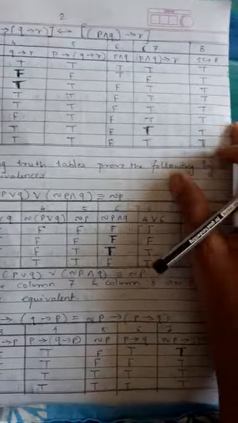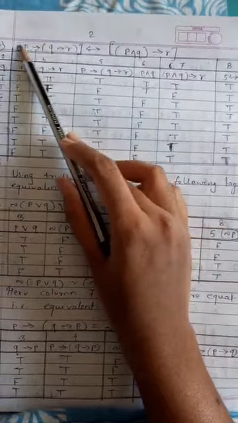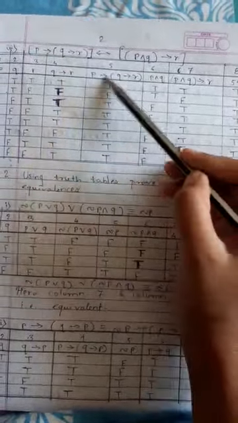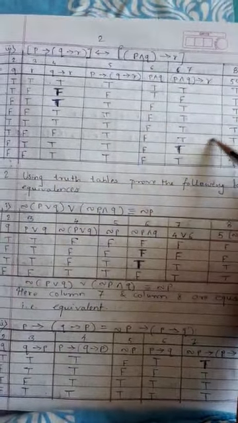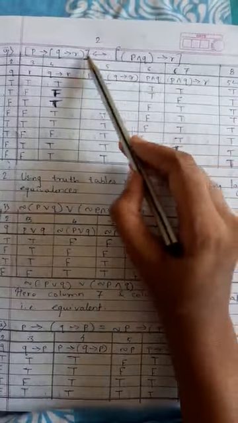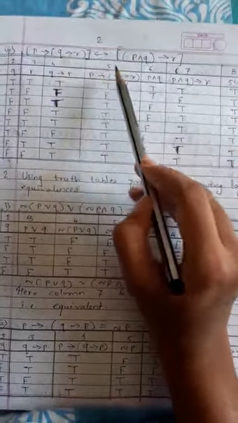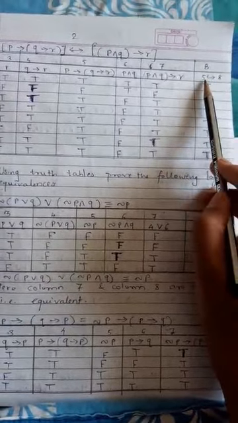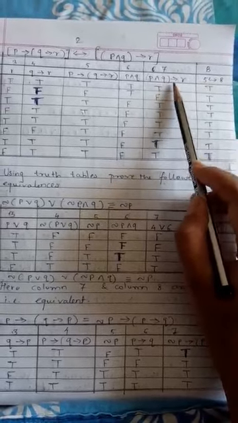And now the last column is the whole combination of this. Here, the fifth column includes this whole part, and the seventh column includes this whole part. So we have to take the double implication of these two: the double implication of column 5 and column 7.